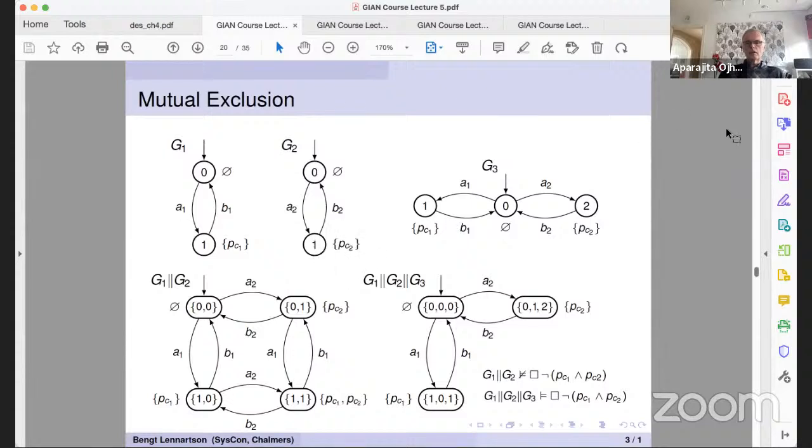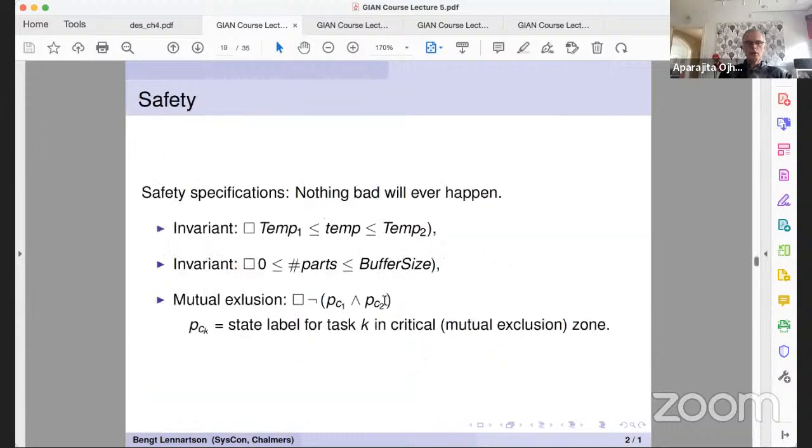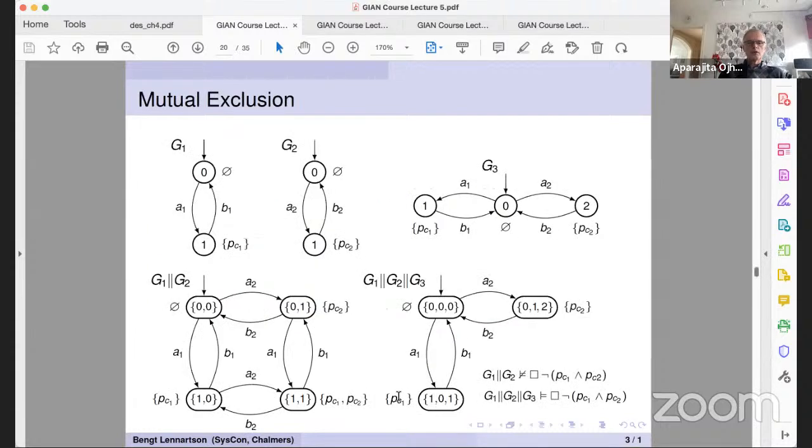So for this mutual exclusion specification, if you look at this synchronized system G1 and G2, we come into a situation where both PC1 and PC2 are valid in the 1-1 state. So here we have PC1 and PC2 true, and that must be avoided.